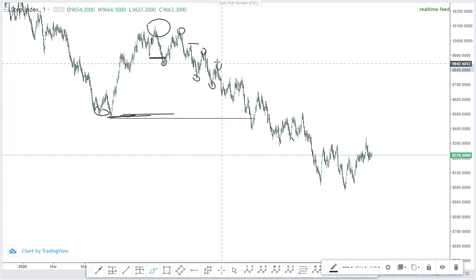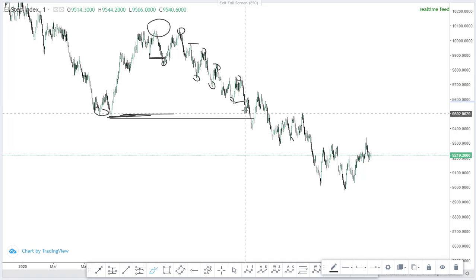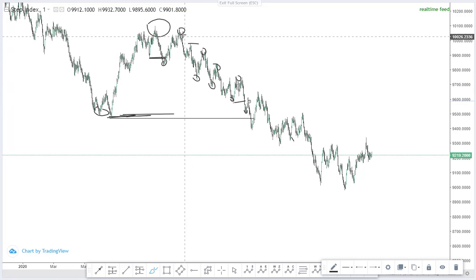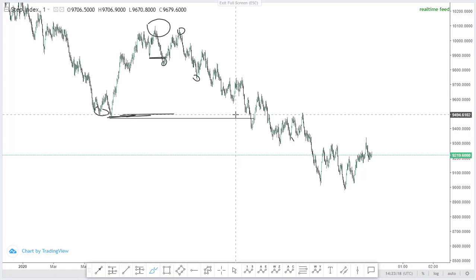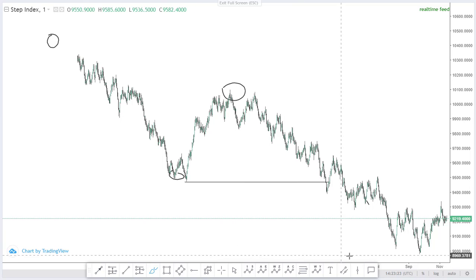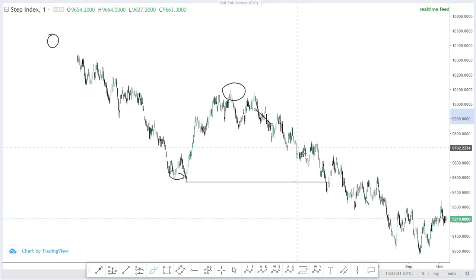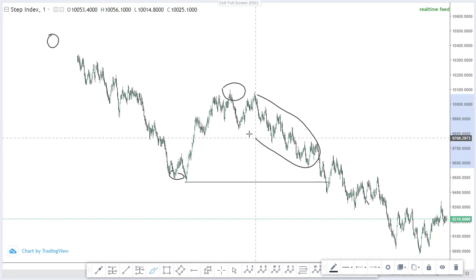Then we have a minor low here, but all you have to know is that this is internal structure. This is your internal structure you have on the Step Index.